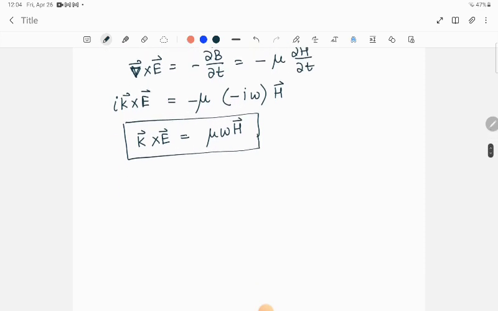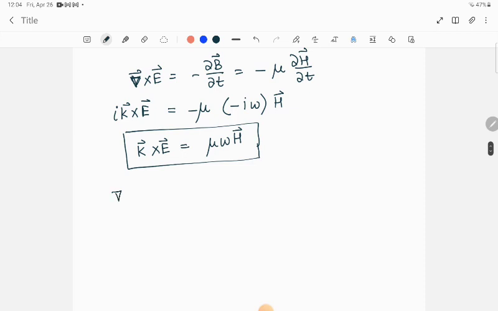Similarly, one can do the same thing for curl of H, which is the partial derivative of the displacement vector. Mind that there is no negative sign here, so there is a sign difference compared to the previous one.